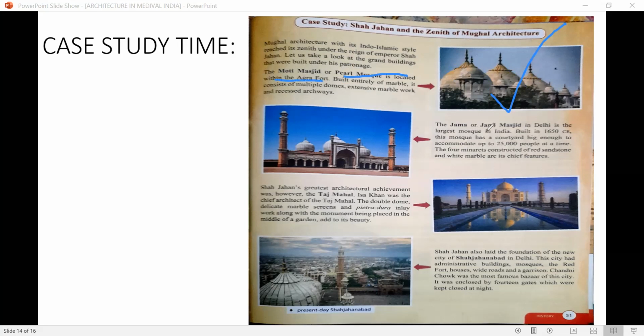The Jama or Jami Masjid in Delhi is the largest mosque in India, built in 1650 CE. Now you can see the date; it is from long ago. This mosque has a courtyard big enough to accommodate 25,000 people.